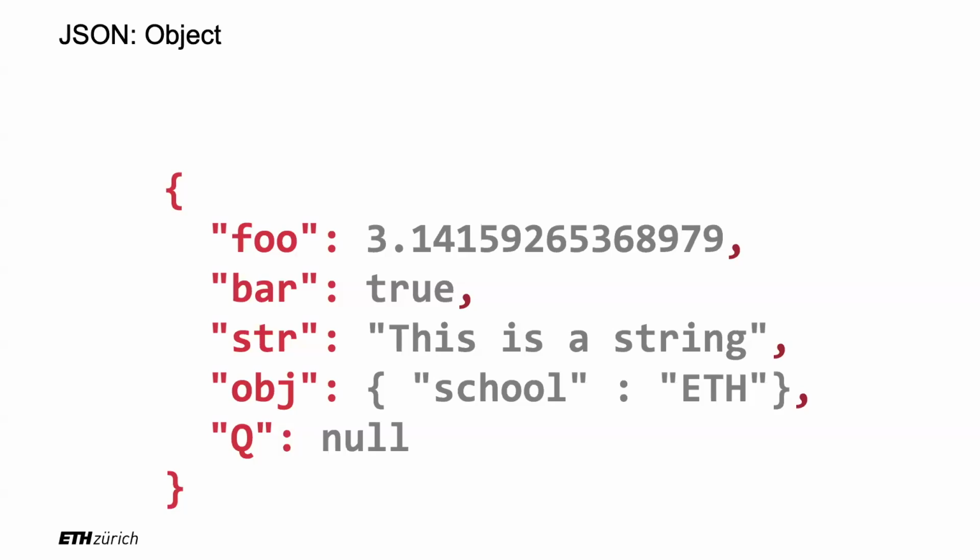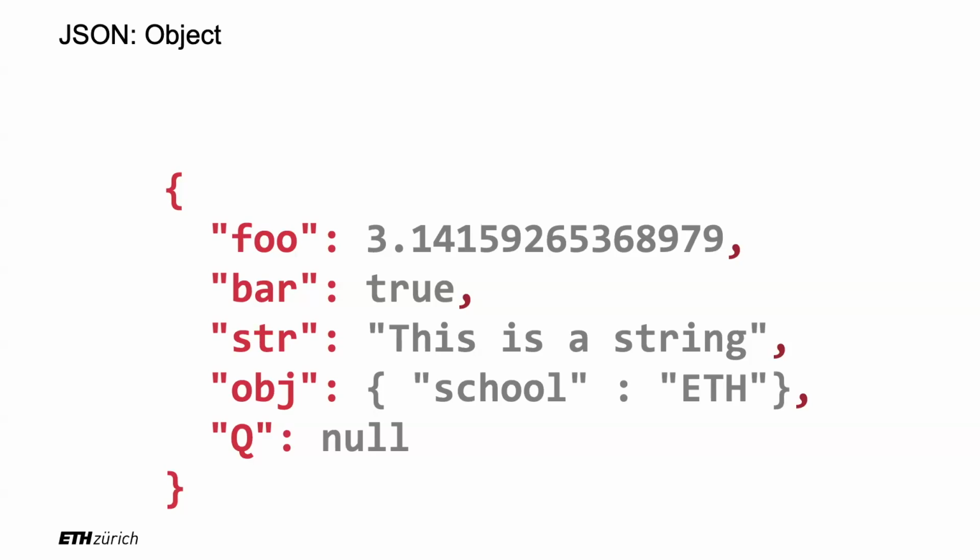Now, you should be aware, and that's a little bit like CSV, that some libraries or some machine learning libraries will not complain if some keys are unquoted. It might also not complain if some keys are single quoted, right? There's some flexibility. But normally, you're not supposed to do that. So the rule of thumb is, if you create a JSON data set, make sure to double quote all your keys.